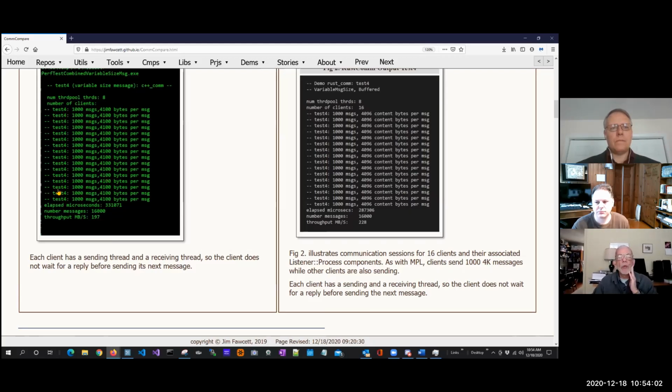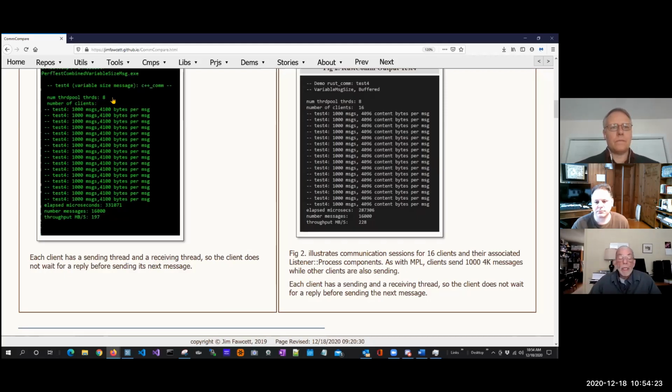And these are doing it concurrently at the same time. And we have 8 threads in the thread pool. The machines we're using have 4 cores that are hyper-threaded, so 8 threads probably hits about the sweet spot. We didn't do a whole lot of experimenting with the number of threads.